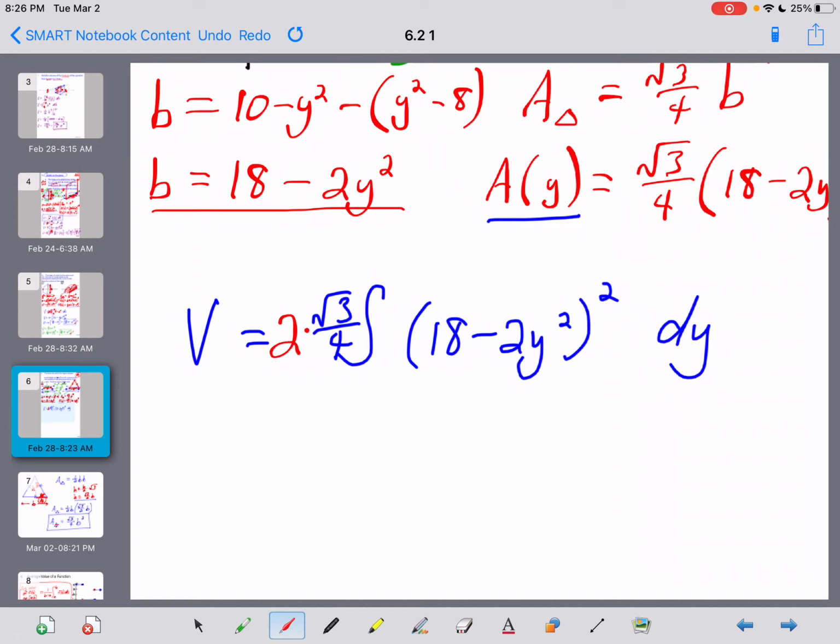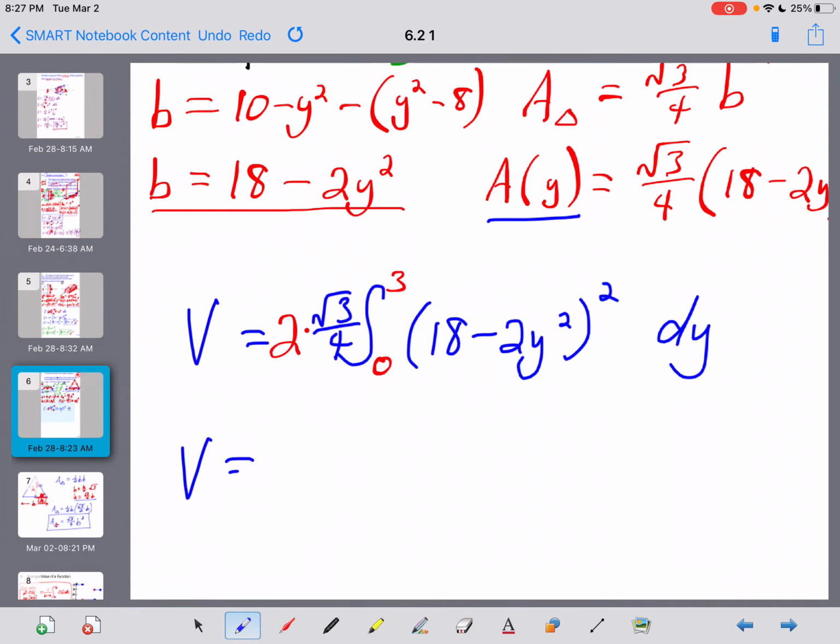So I'm going to put a 2 here, and we're going to go from 0 to positive 3 for our limits of integration. Now guys, this integral just looks too complicated to do by hand. I'd have to probably expand the 18 minus 2y squared, and we don't need to spend all night working on that. So it is calculator time, everybody.